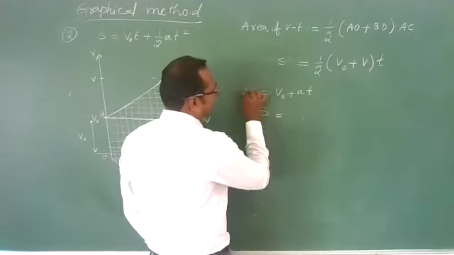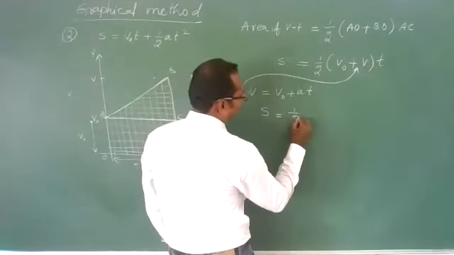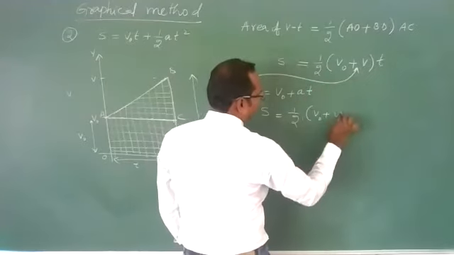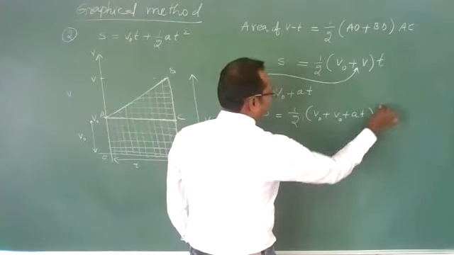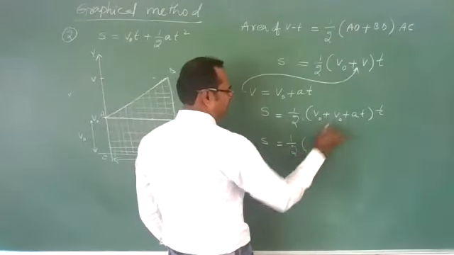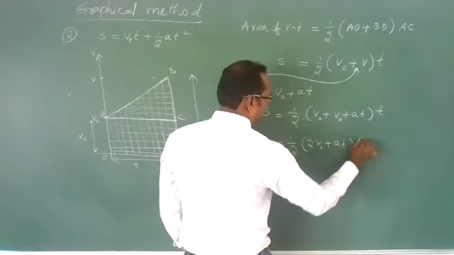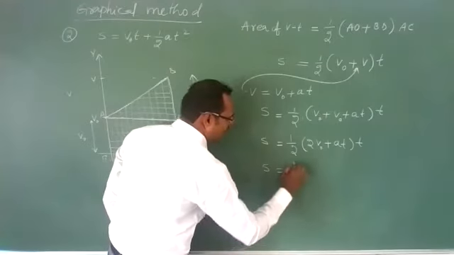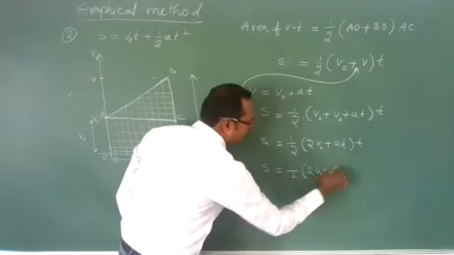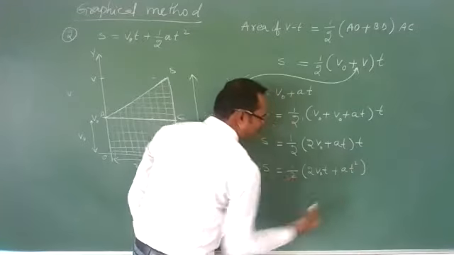Substitute this here. S is equal to half of V0 plus V, and V means V0 plus AT, into T. So S is equal to half of V0 plus V0, which is 2 times V0, plus AT, into T. So you get S is equal to half of 2V0 T plus AT square.